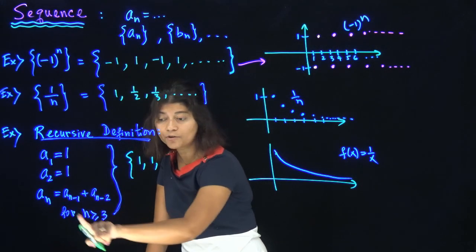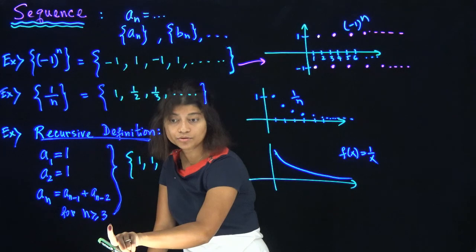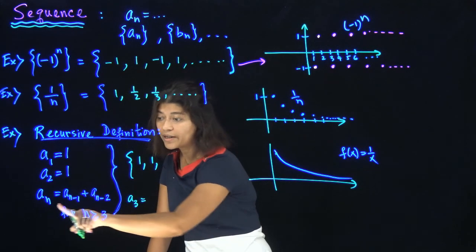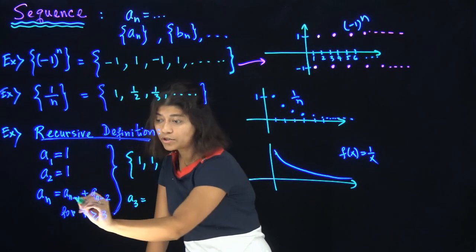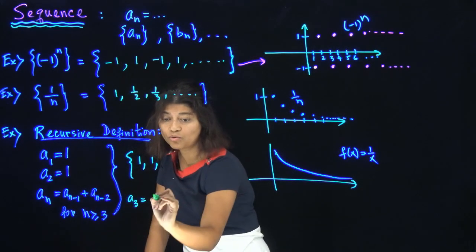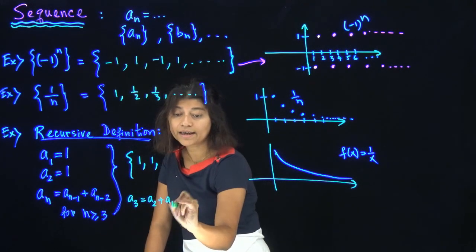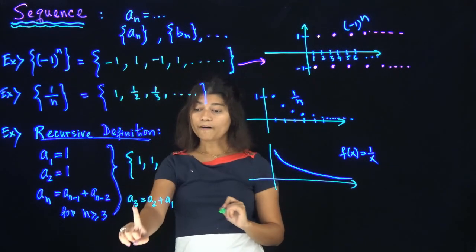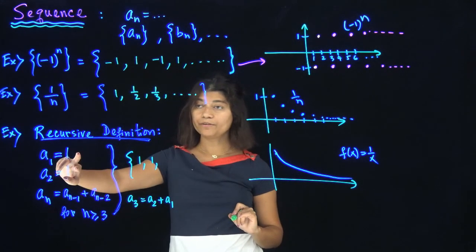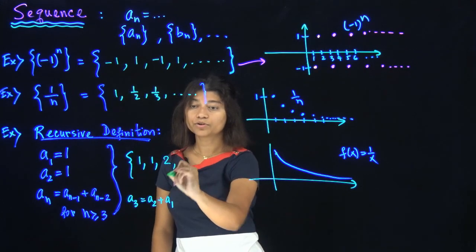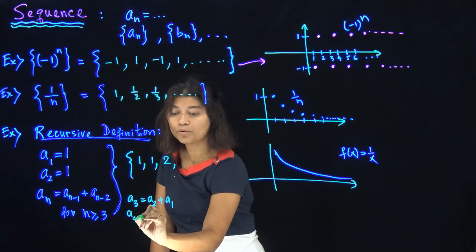This formula is for all n greater than or equal to 3. So 3 minus 1, that's a_2, plus 3 minus 2, that's a_1. So to find a_3, you have to use the previous 2 terms and add them up. So what will it be? 1 plus 1, 2.